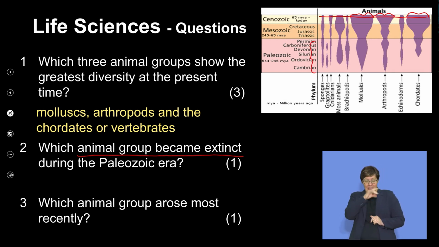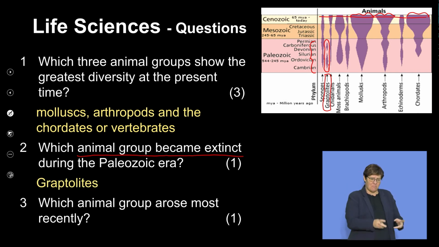If an animal group has become extinct, it means the lines will stop, and there's only one group of animals that was present during the Paleozoic period, which is not present now, and they are called graptolites. Now, you don't need to know anything about them. You don't need to know what they look like. You just need to be able to extract the information from the source material you were given.